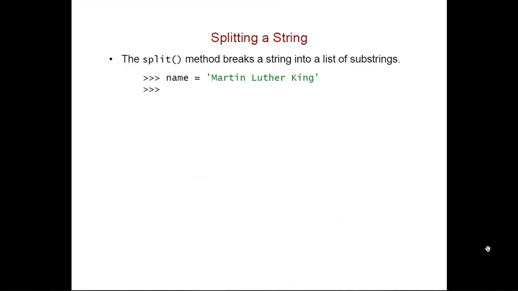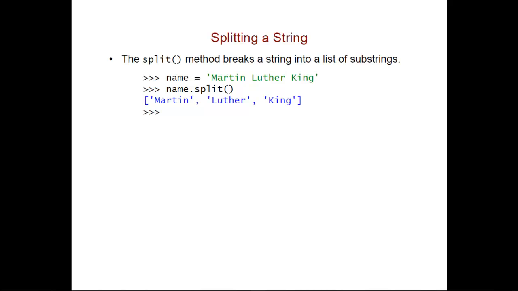One really useful string method is called split, which allows me to take a string and break it into a list of substrings. Let's assume that my string is this name, Martin Luther King. If I then say name.split with no inputs, no parameters, what I'm going to get back is this list of substrings.